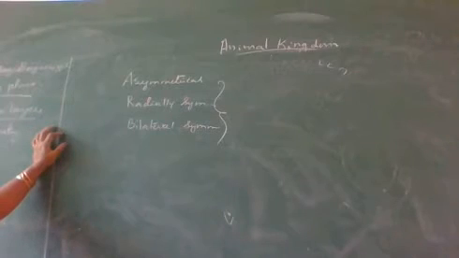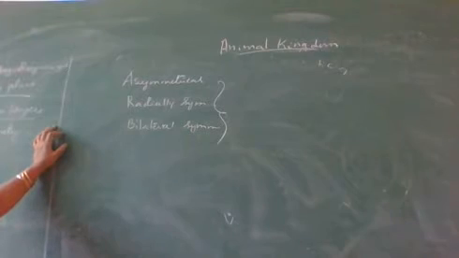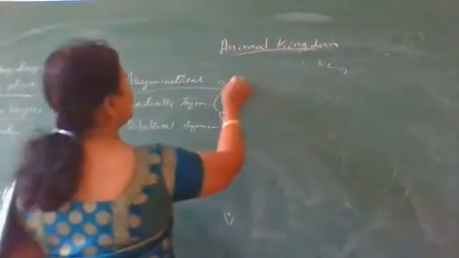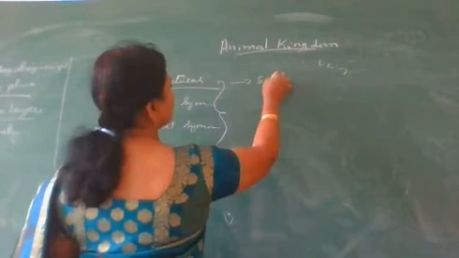If we cut the animal at any plane, through any axis of the body, and that does not give 2 equal parts, that is called asymmetrical, as in case of sponges.